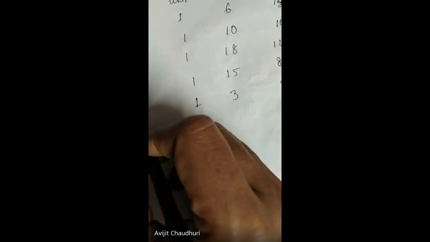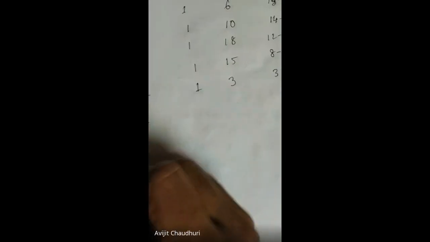Then I2's 1 unit cannot be taken fully because 3 units are there and we have only 2 units remaining. So it has to be calculated in that way.